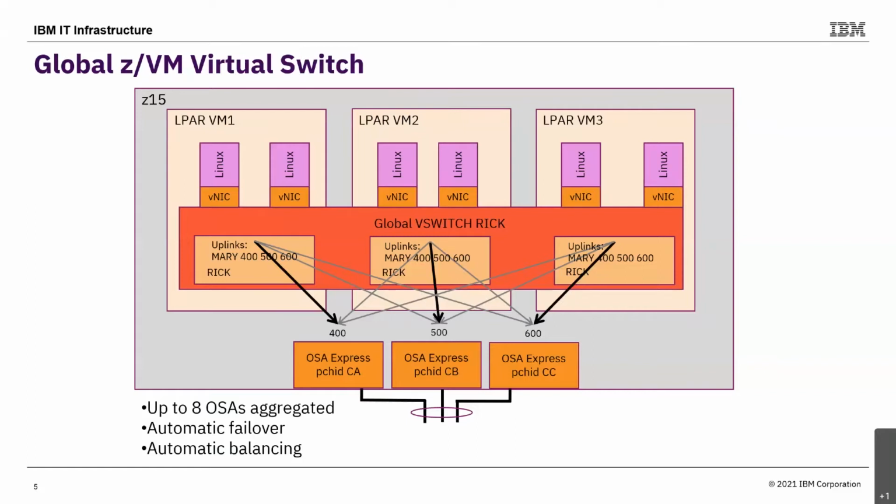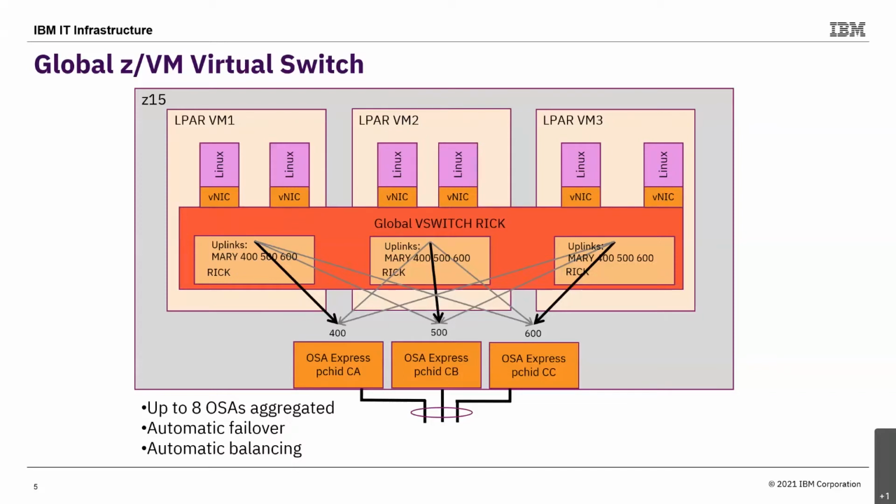And the way we implemented that in VM is with a special vSwitch called the IVL vSwitch. Now, we allow a single IVL vSwitch to be defined in each LPAR or VM image. The purpose of this IVL vSwitch is to provide vSwitch to vSwitch connectivity across LPARs, to provide a communication path so that the global vSwitch could do its smoke and mirrors to fake out the physical lag group that there's only really one image of one physical switch or virtual switch out there talking to them.